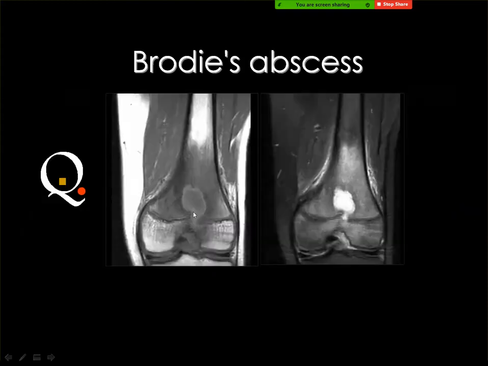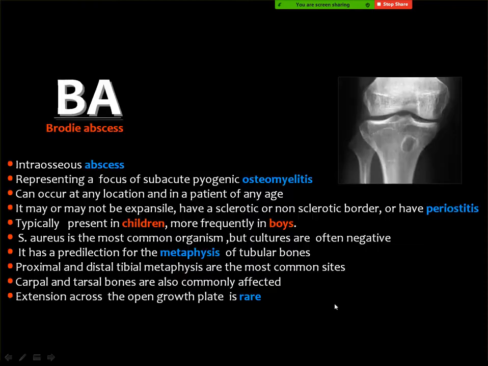This line, which connects the abscess to the physis or may cross the physis, is one of the supportive signs that this is Brodie's abscess, and actually this is seen in cross-sectional imaging, not in the plain X-ray.